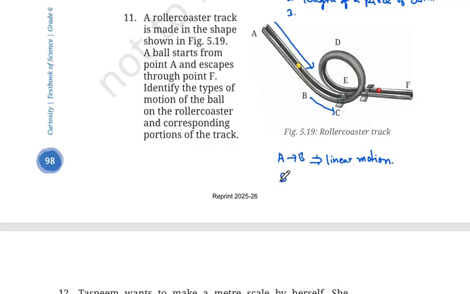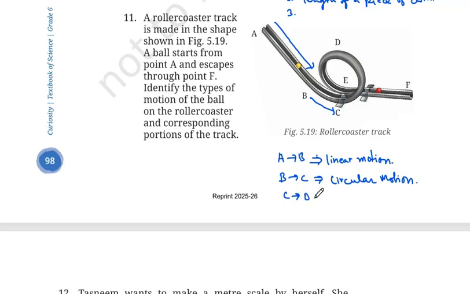So B to C, you can say curved or circular motion. Now, when you see C to D is also curved, right? So C to D is also circular motion.